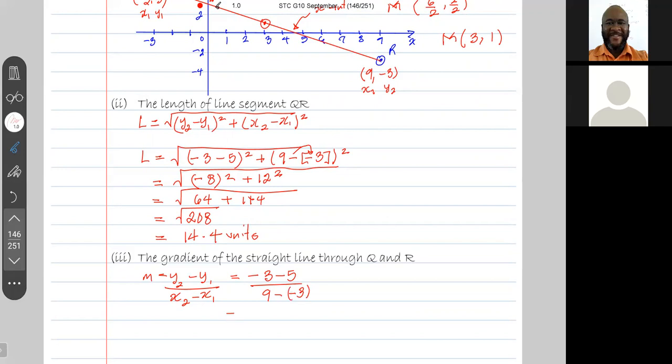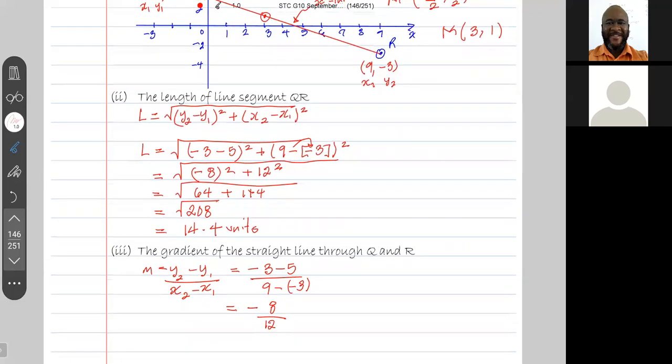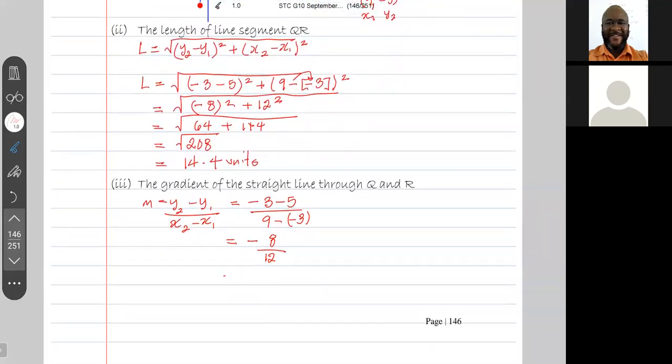So up top, we have minus 8. Down by the bottom, we have 12. The gradient of the line is minus 8 over 12, which reduces to minus 2 over 3.